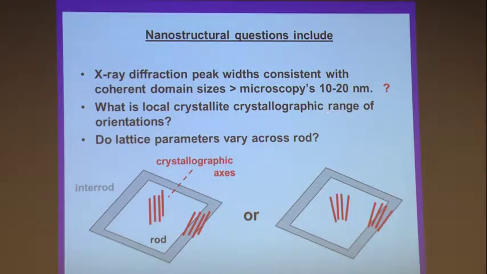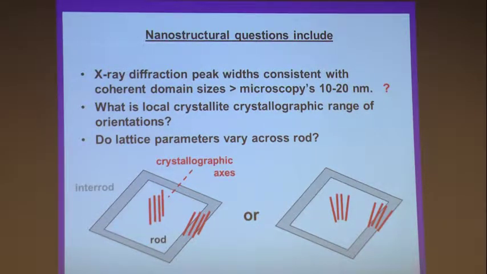Does the local crystallographic range of orientations vary? How does it vary, and how do lattice parameters vary across the rod? So in this schematic, we have the interrod region, the more disordered region there, the center of the rod here.